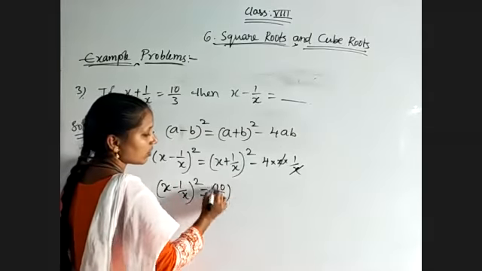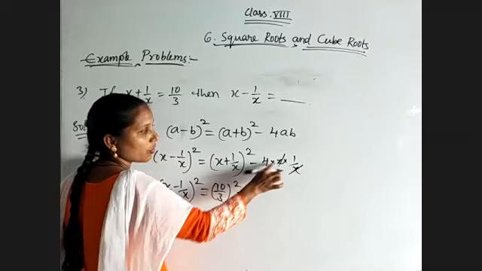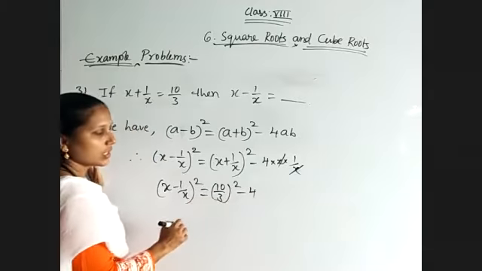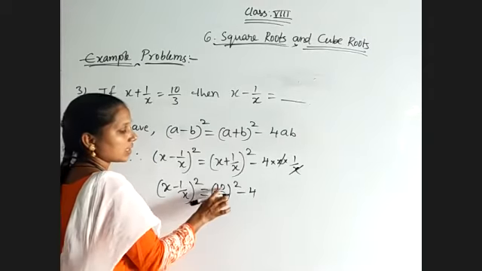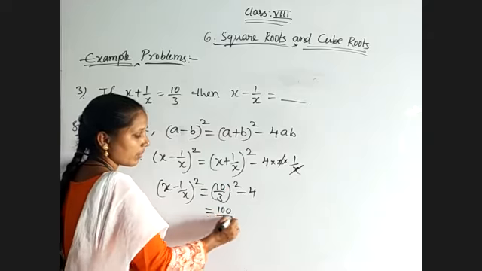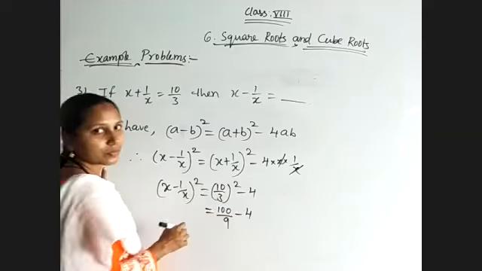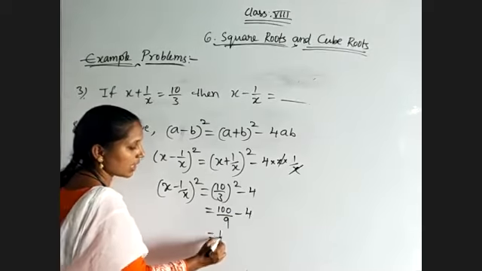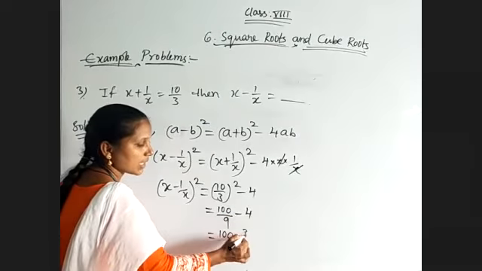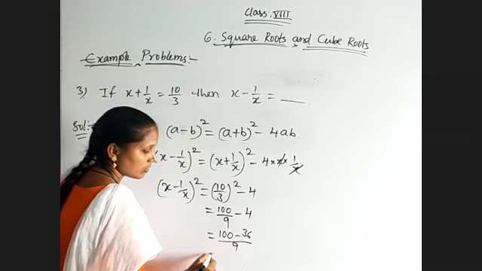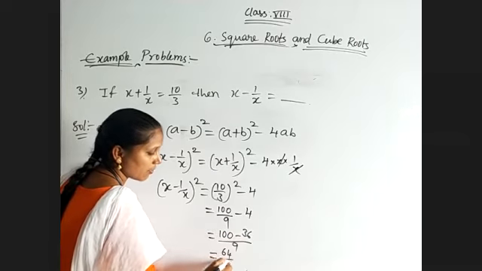So 10 by 3 whole square minus 4 ones are 4 only left. So here what we will get: 10 square is 100, by 3 square is 9, minus 4. Now 100 minus 9 4s are 36, by 9. So 100 minus 36 is 64 by 9.